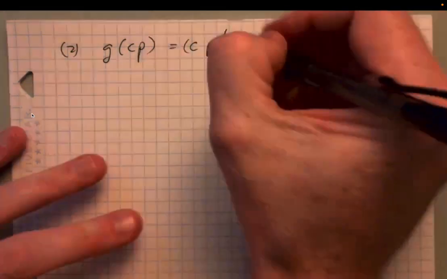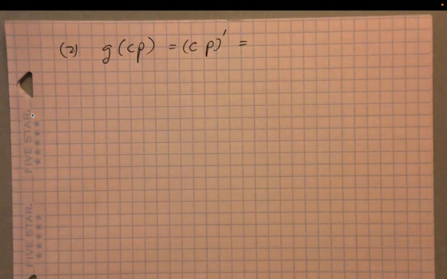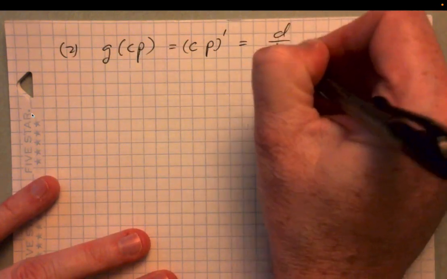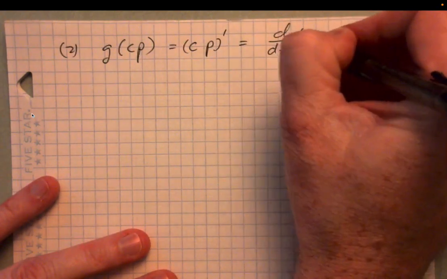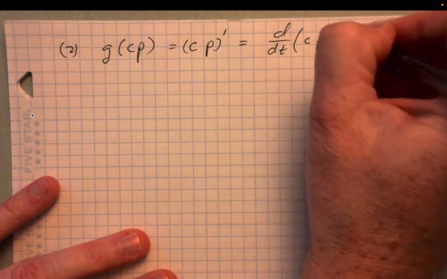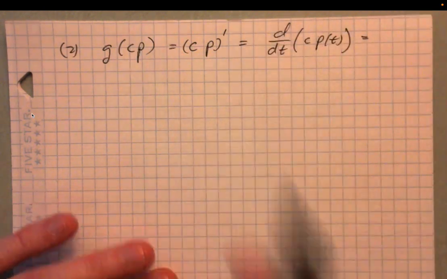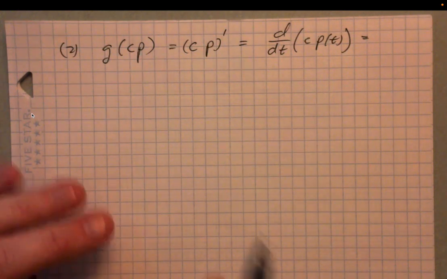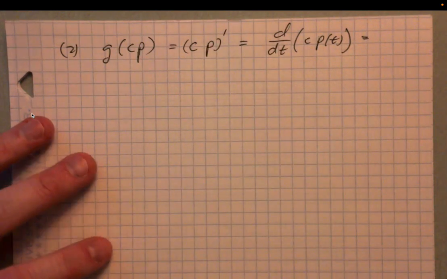And so again, converting this to the notation from calculus will make this really obvious, that if I asked to take the derivative of c times a function p(t), then you may recall that it's appropriate to pull the constant out of the function and take the derivative of the function without it, right?